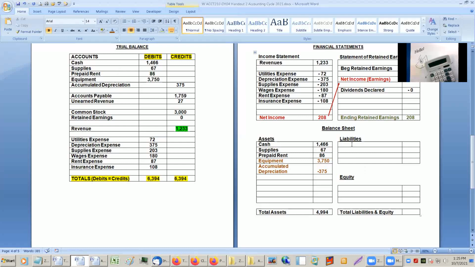Okay, so now liabilities. The liabilities are whatever that is. $1,786.